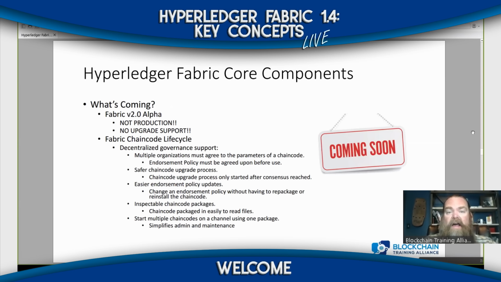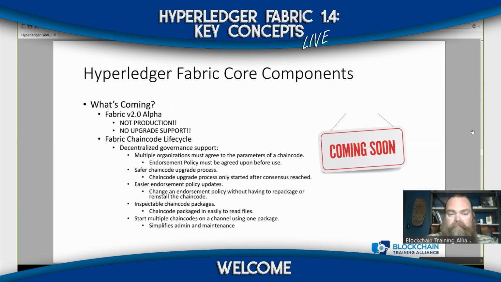So if 5 of us share a channel together and I want to upgrade the smart contract, we can put a rule in place that 3 out of 5, 4 out of 5, 5 out of 5 of us have to agree on that upgrade before it can actually take place. No longer can just one member go off and make those sorts of changes on their own.